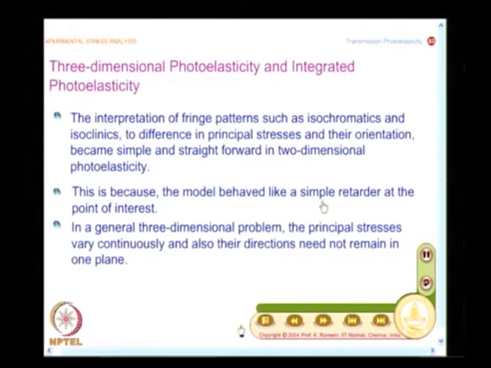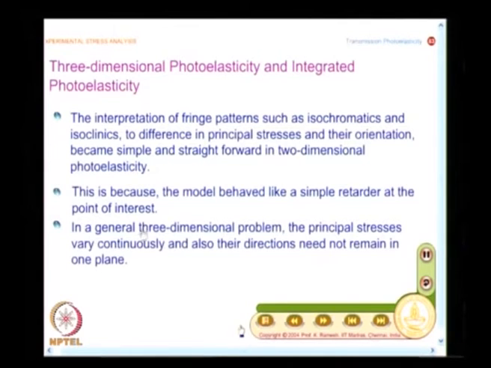So, the principal stress direction remained the same even though the thickness is about 3 to 6 millimeters. Because the model behaved like a simple retarder, you are able to interpret isoclinics as contours of principal stress direction and isochromatics as contours of principal stress difference.